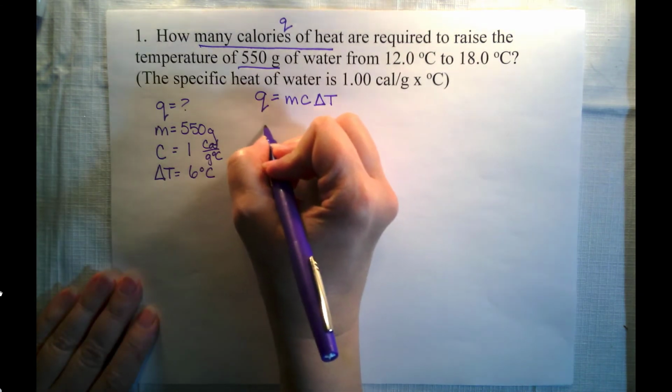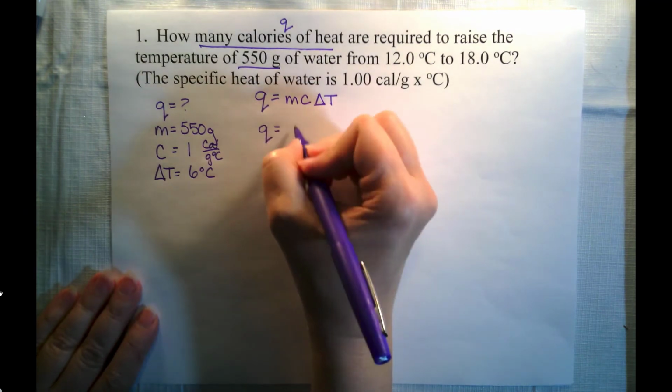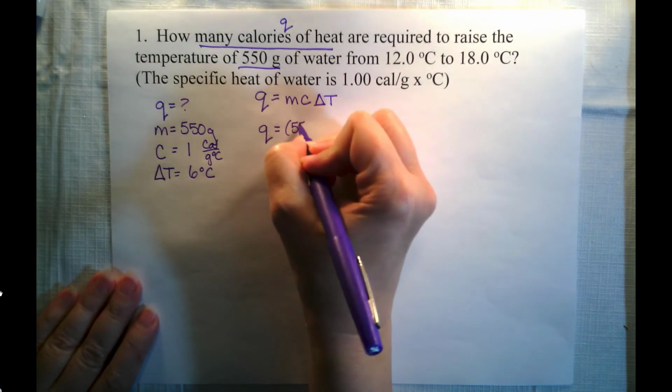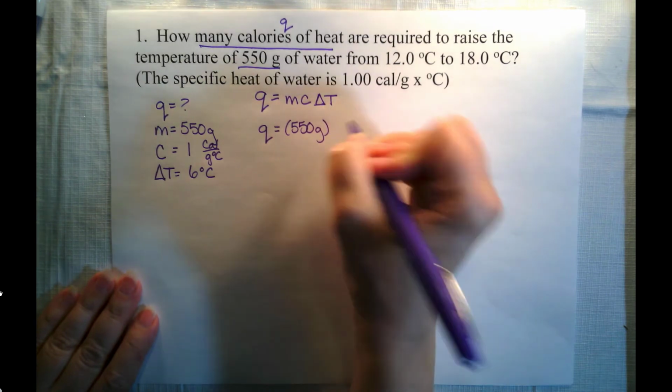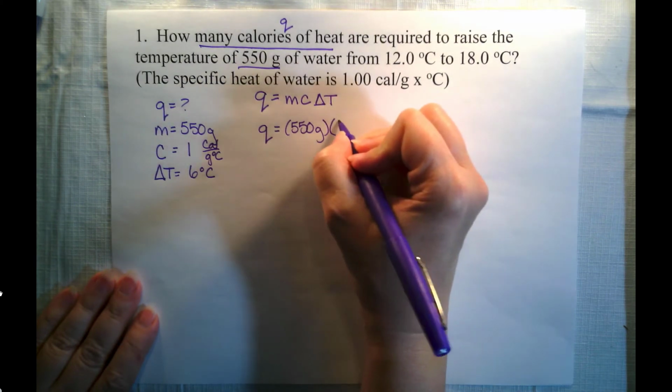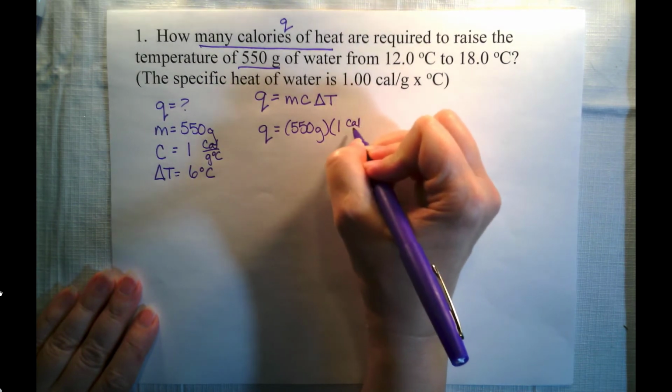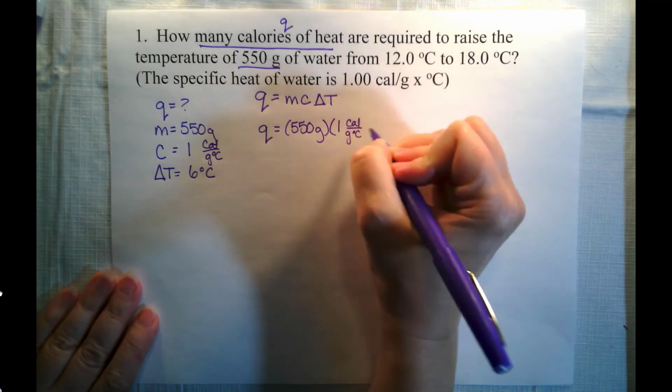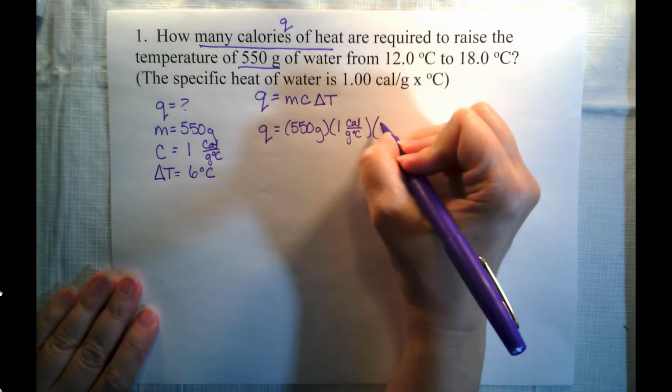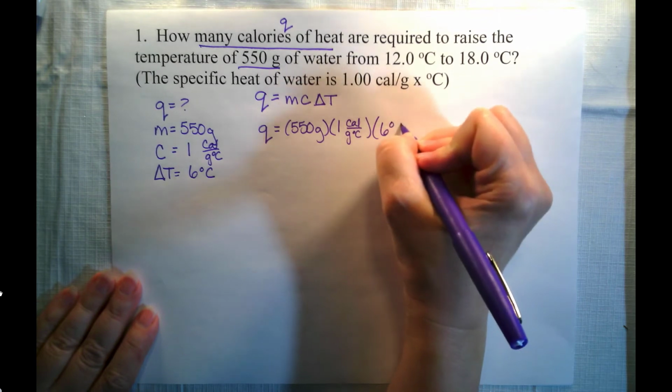All right, for the most part, it is just a plug and chug. So we are going to have Q equals 550 grams times 1 calorie per gram degrees Celsius times 6 degrees Celsius.